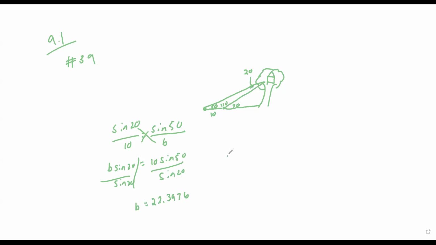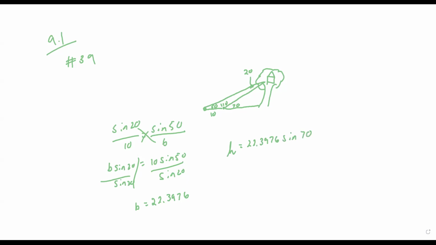So now I can use the height formula, which will give me this guy right here, which is the height. All I have to do is take this side times the sine of this angle. So now it's going to be 22.3976 times sine of 70 degrees.